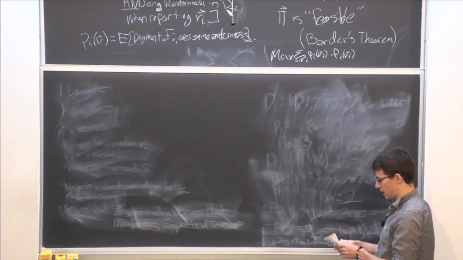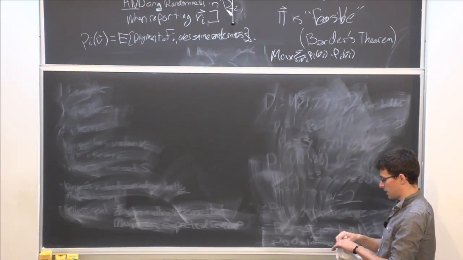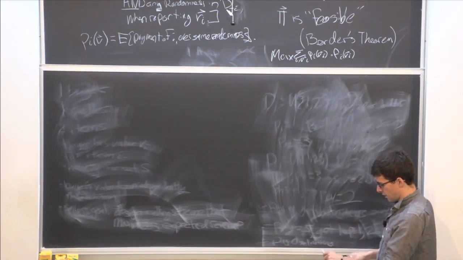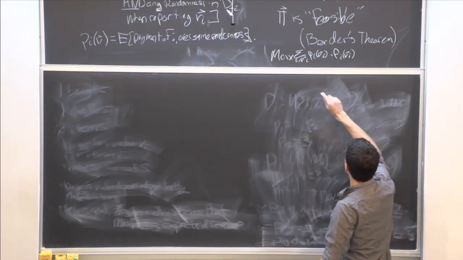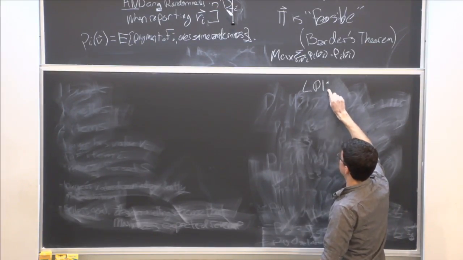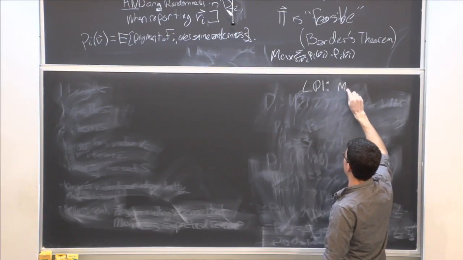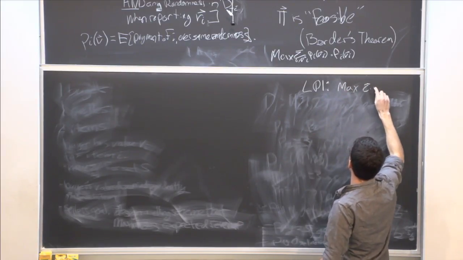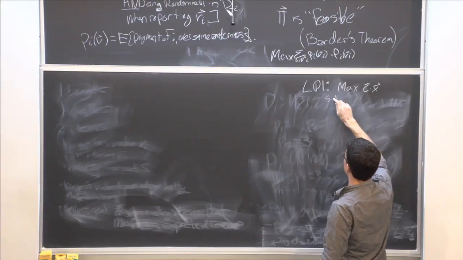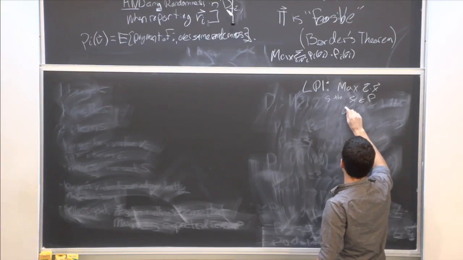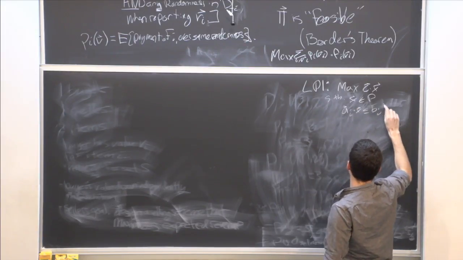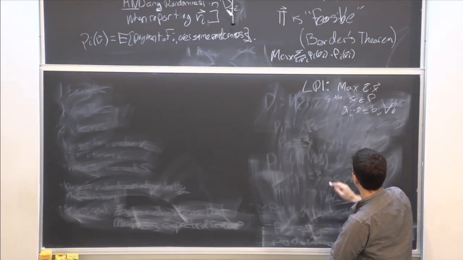write some quick duality preliminaries. Let's say I have some LP and I write it as max c dot x subject to x in P and a_i dot x less than or equal to b_i for all i.